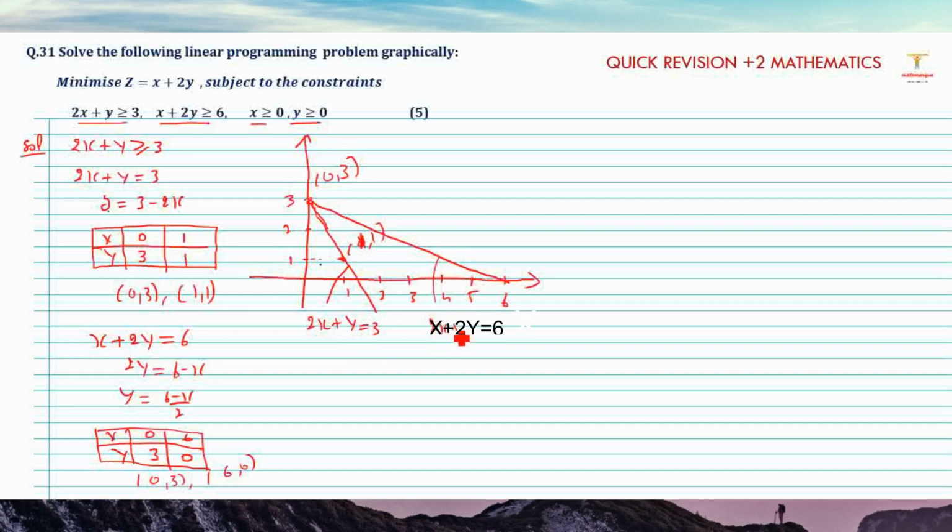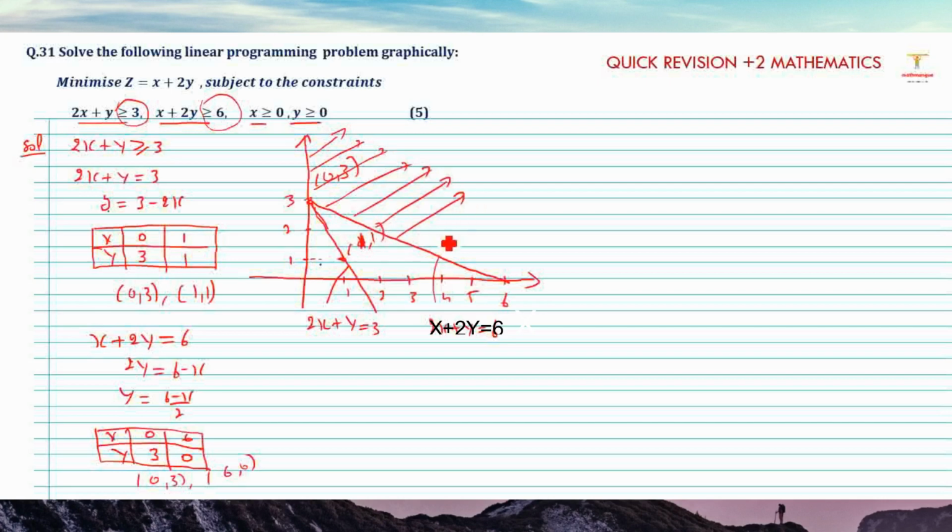Now both these regions are greater than 0. You just check it out here. This is greater than 3, greater than 6. So here you will get this kind of projection. See, you can see here the area is unbounded.